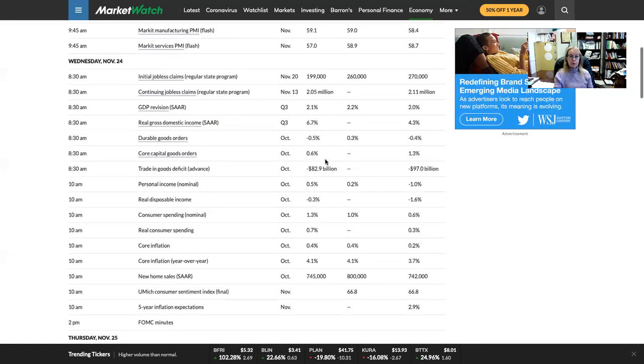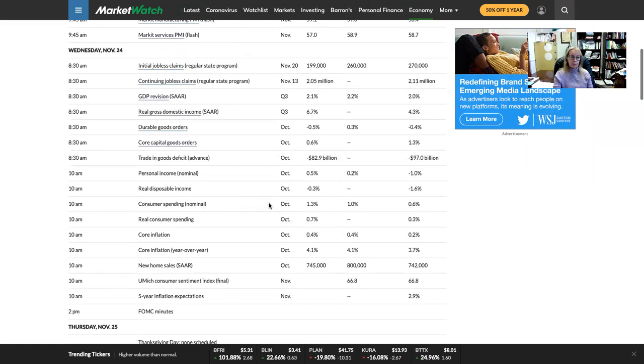So a lot of times, just for your own personal edification, what matters with these economic indicators is not so much the number, but whether the actual number is better than what the analysts think is going to happen, or worse. Typically, if it's an upside surprise, if these numbers are better than they think, the market tends to go up. That's good for the stock market. If it's a downside surprise, a negative surprise, then the market will sell off.